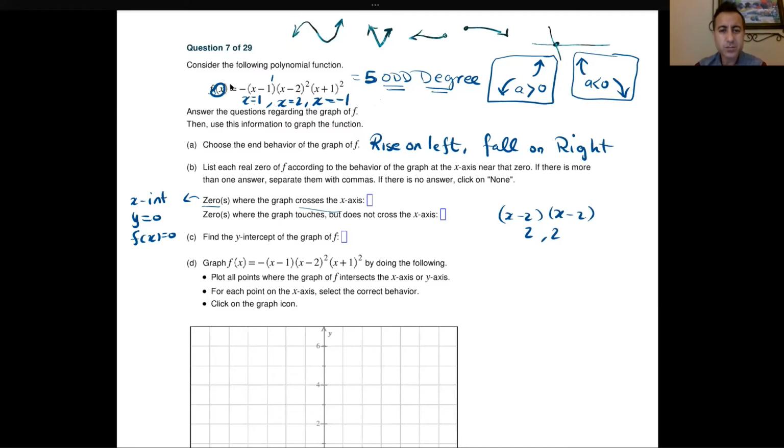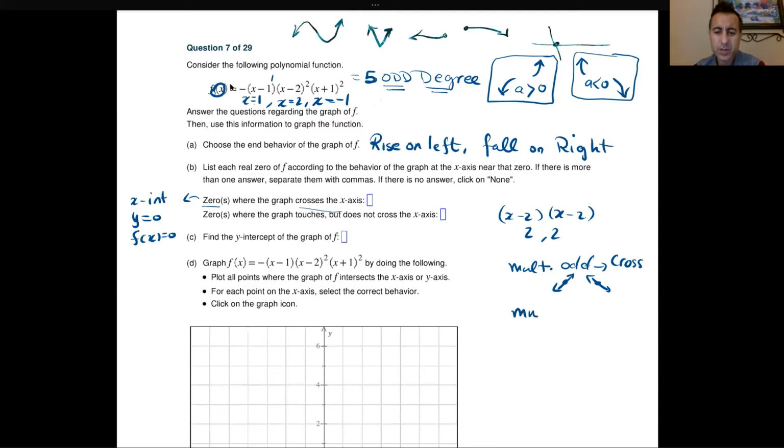So now the idea of crossing and touching. Crossing happens when this multiplicity is odd. So if the multiplicity is odd, then it's supposed to be crossing the x-axis, and you will cross it either if you think about it like lines with a negative slope or a positive slope.